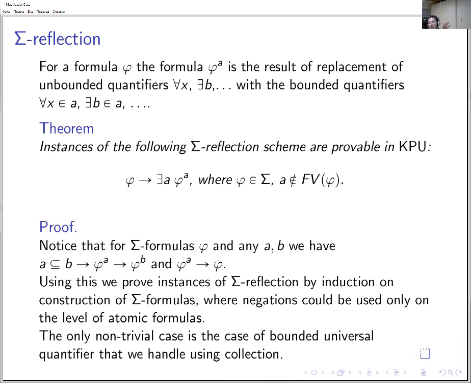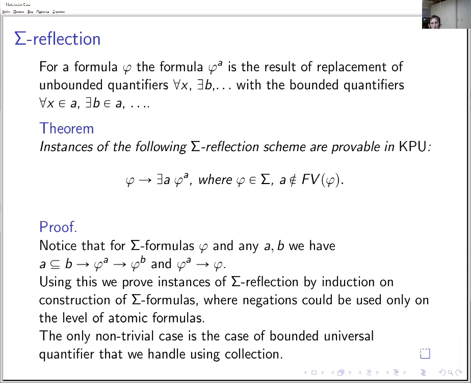But in the case where A is a transitive model and all the parameters of the formula phi are elements of A, then phi^A is just the relativization of formula phi to the transitive model A. And then we have this sigma reflection principle.